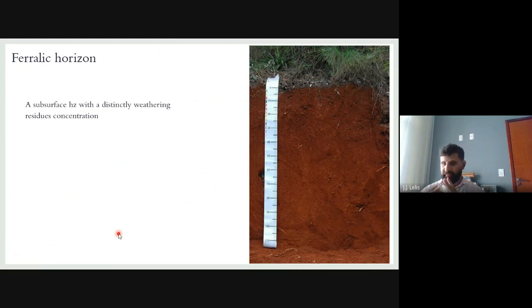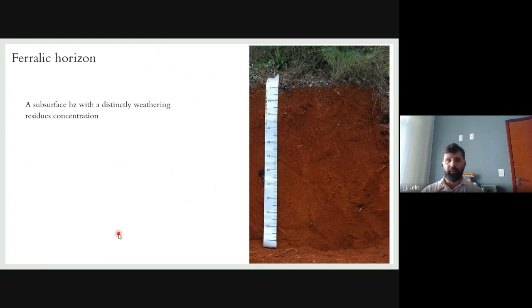So we can see here smectites, illites, and other clays, clay fractions, clay minerals that could be expansive, that could expand or change its volume, change its size according to its water content.